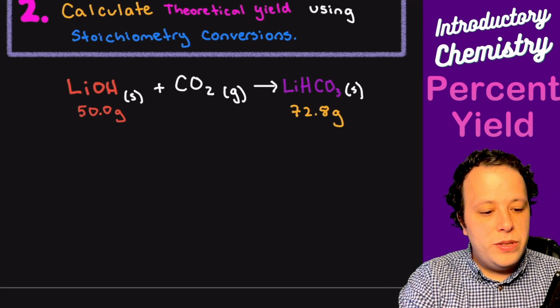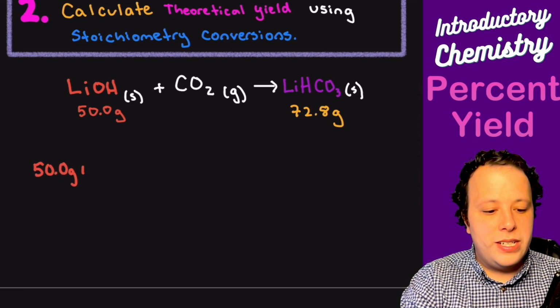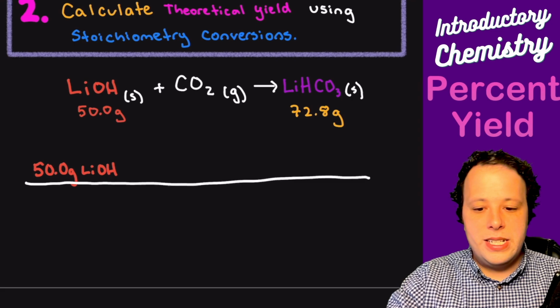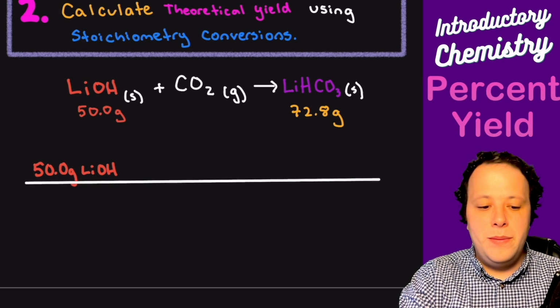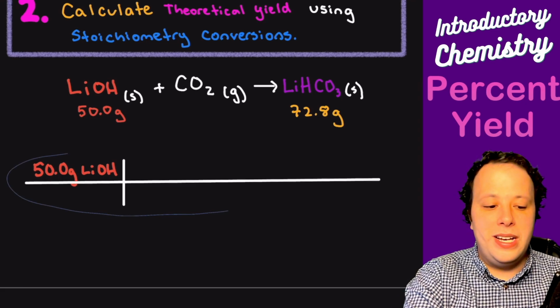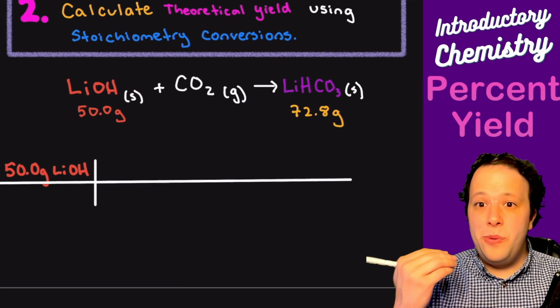So if we were to do this, we have 50 grams of lithium hydroxide, LiOH, at our disposal, and we are going to convert this to lithium bicarbonate. What is our first step? Well, whenever we are given a mass, our goal is always the mole.